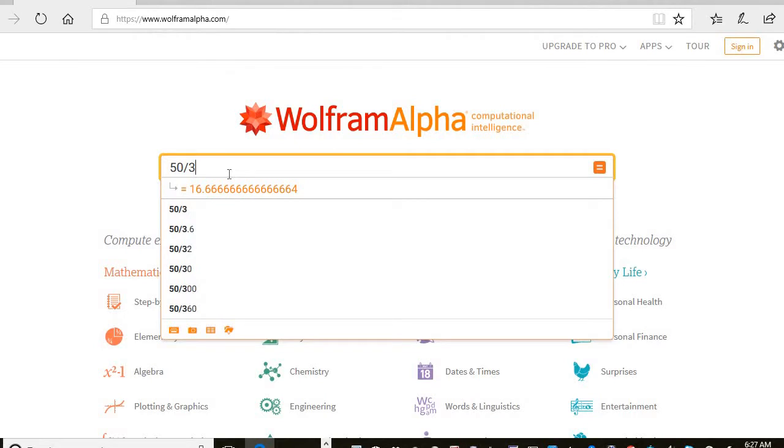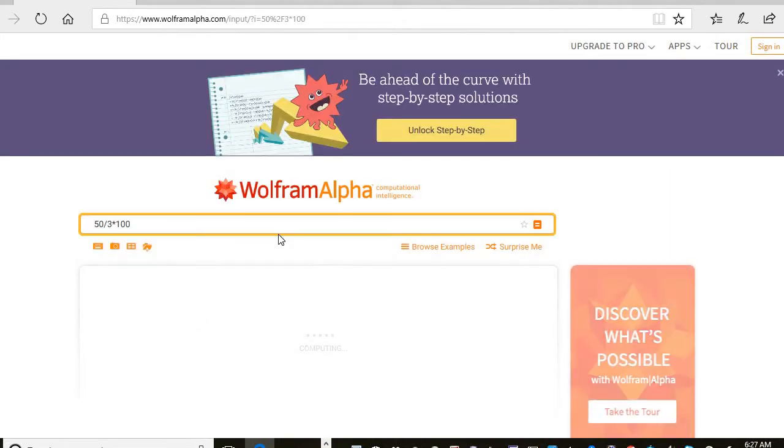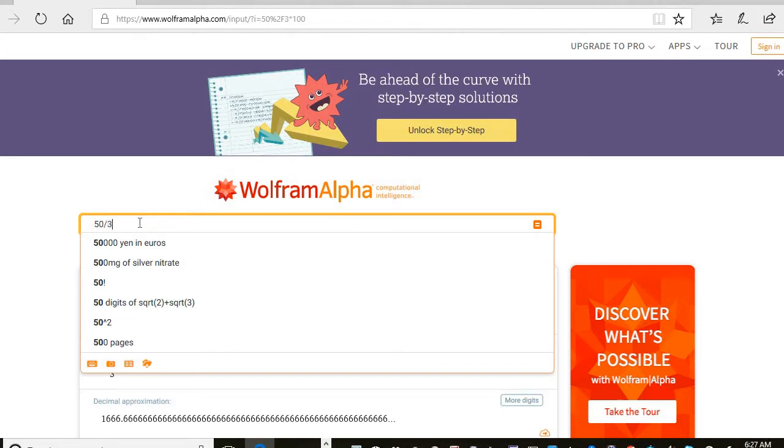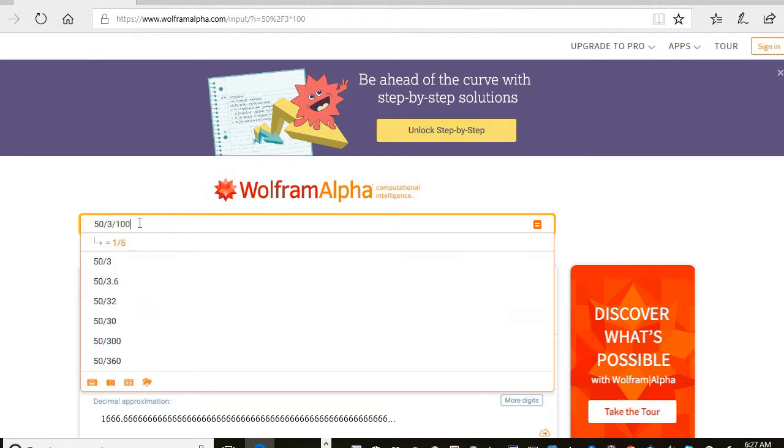Now, if I wanted to change that to a percent, I just multiply by 100. Oh, wait, sorry, 50/3, divided by 100. And Wolfram Alpha tells you immediately that reduces to 1/6.